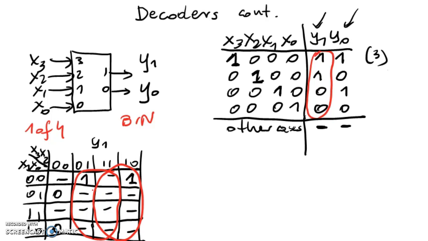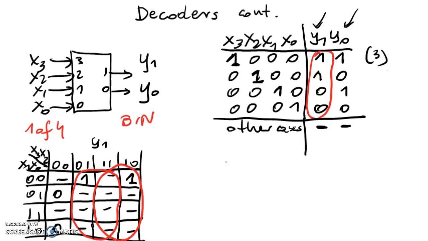By doing this, you assume that these don't cares will be implemented in a real device as ones, these ones, and these outside the groups will be implemented as zeros. In a real device there aren't don't cares.